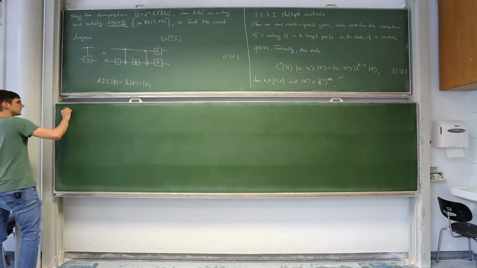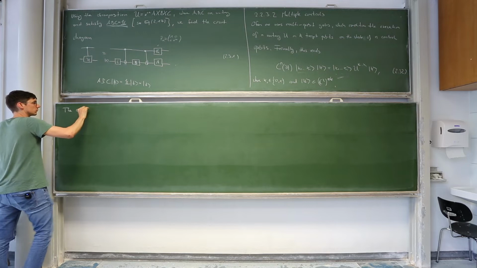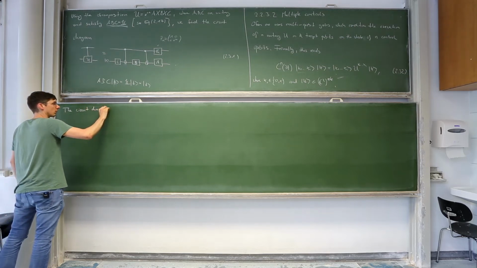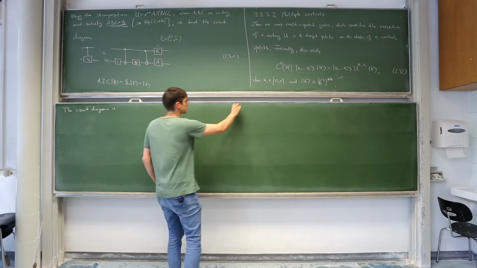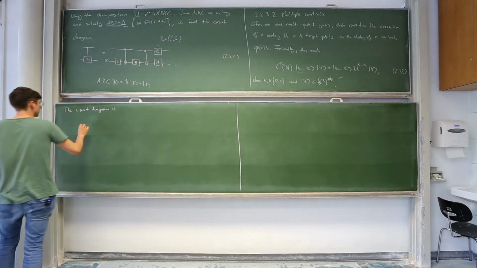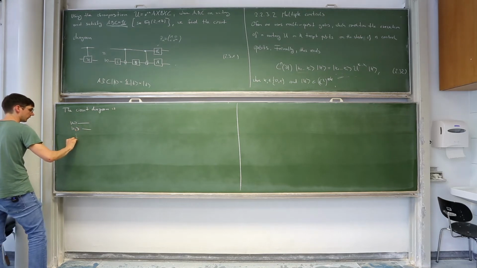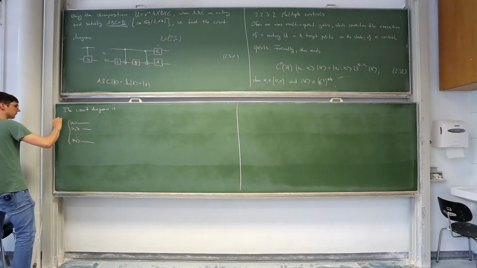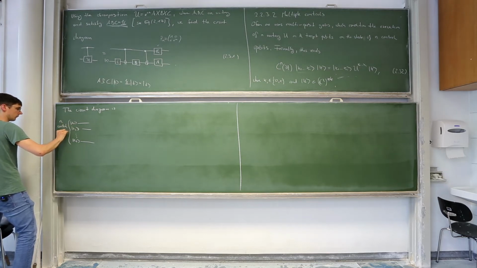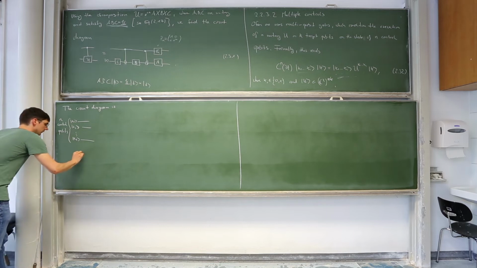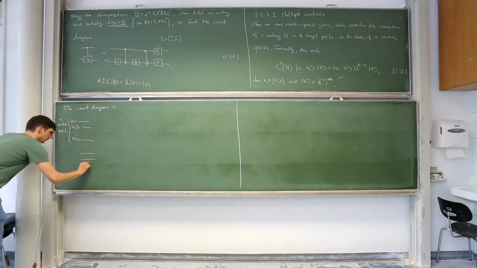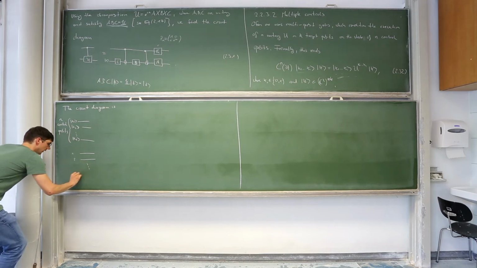So the circuit diagram is: we have our n control qubits, and then we have here 1, 2 to k target qubits.